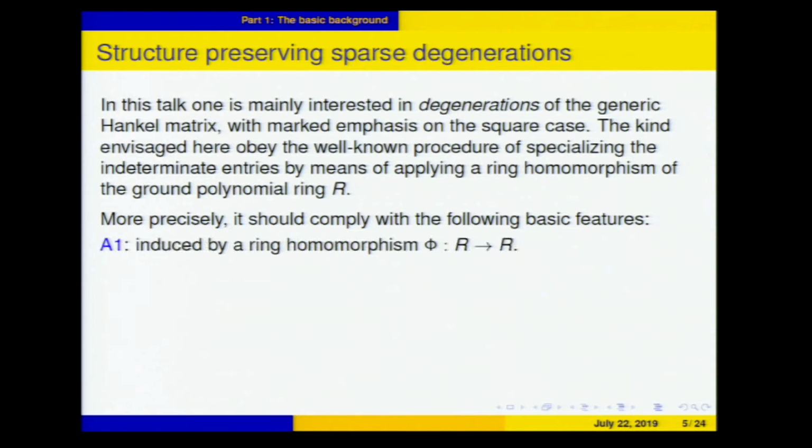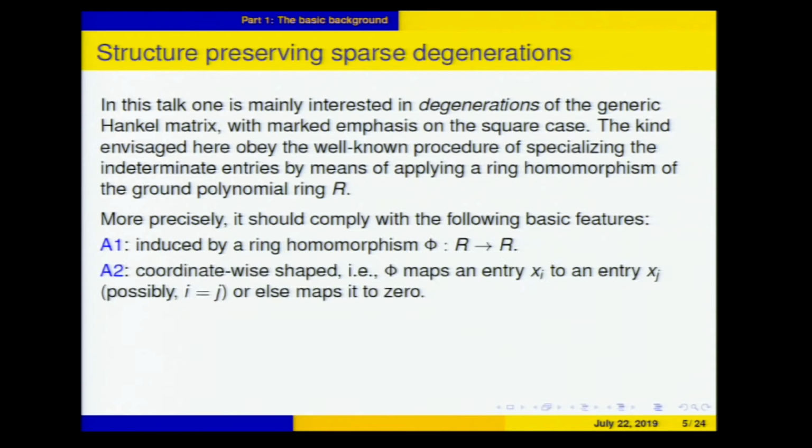Let me state perhaps two basic features. First, it is induced by a ring homomorphism. And second, since I'm starting from a matrix with variables as entries, I can just define a homomorphism by mapping the variables: one chooses to map a variable either to itself or to zero.